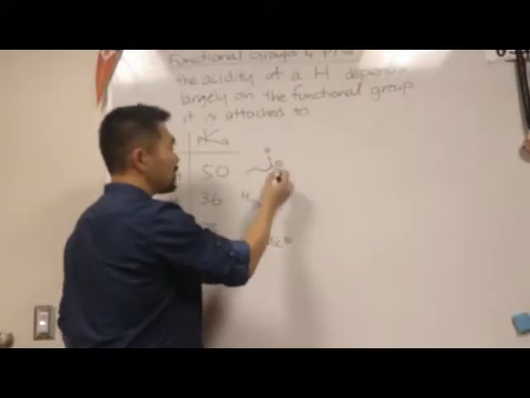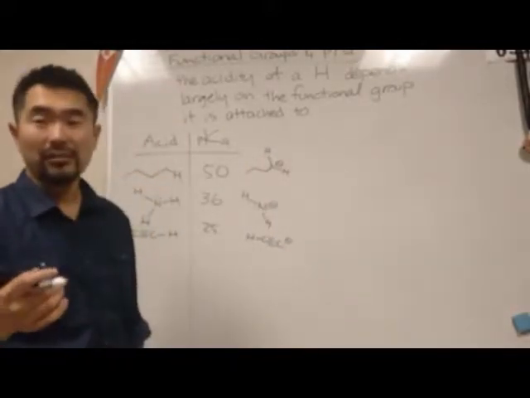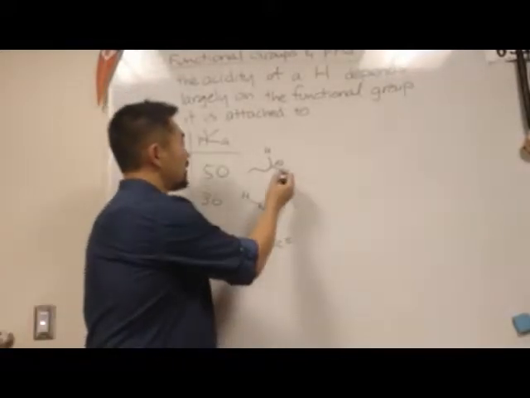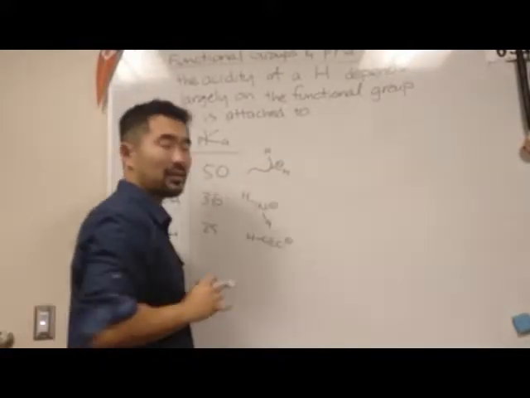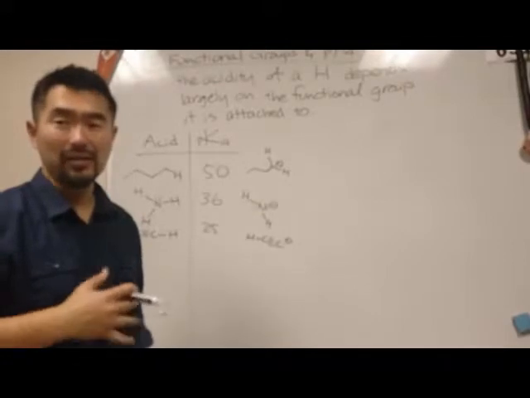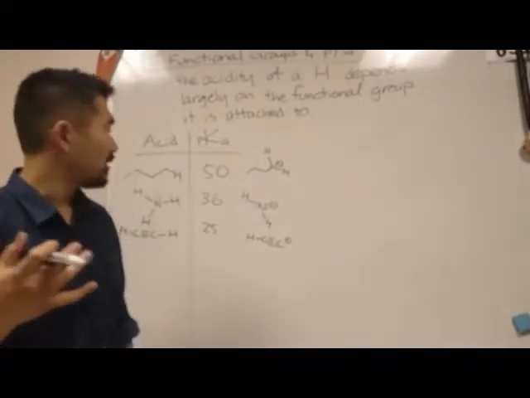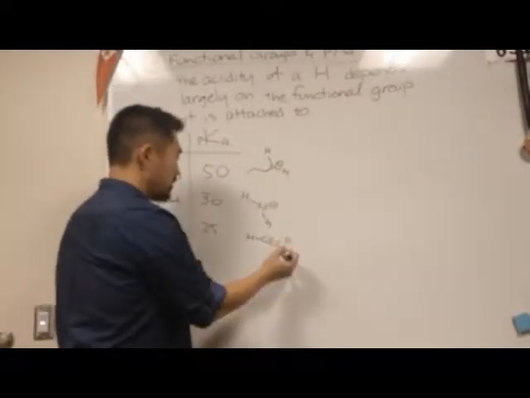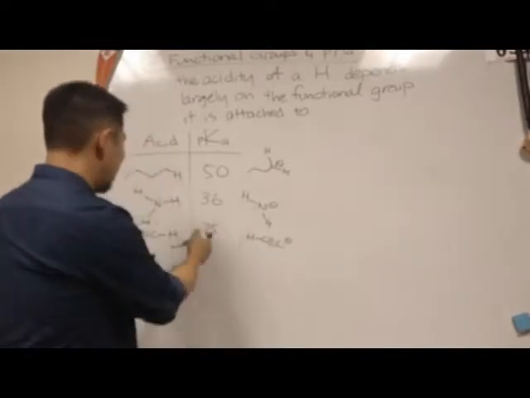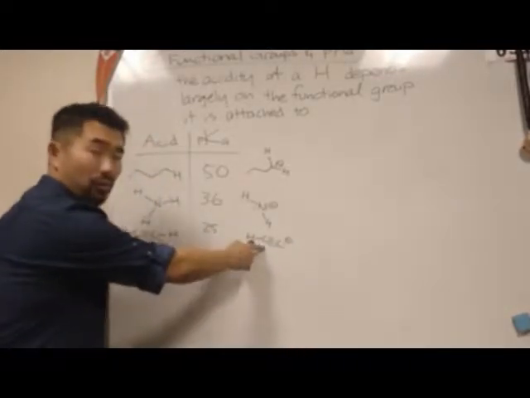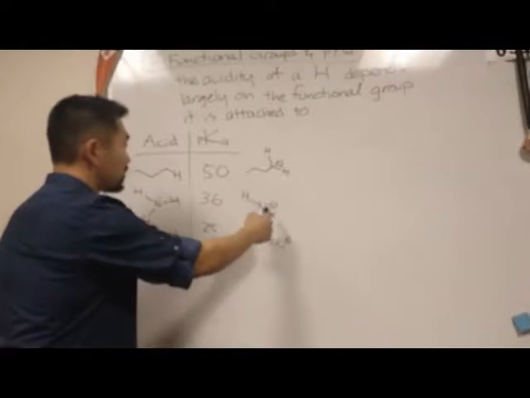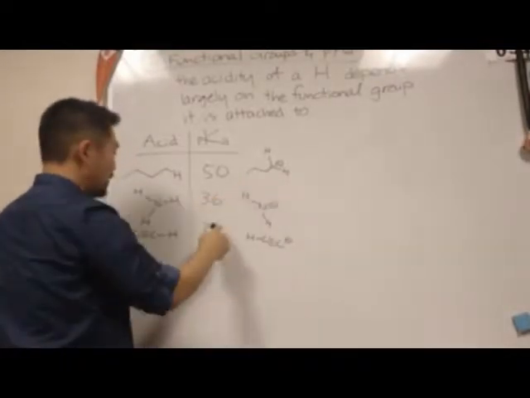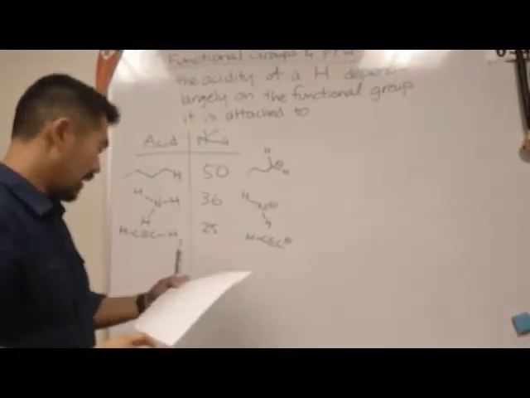Whereas in an sp3 carbon, those lone pair electrons have to sit next to the electrons in carbon-hydrogen bonds, so that destabilizes this excess electron density. But there's nothing like that here, so this is a lot more stable a conjugate base than that, and that's reflected in the pKa.